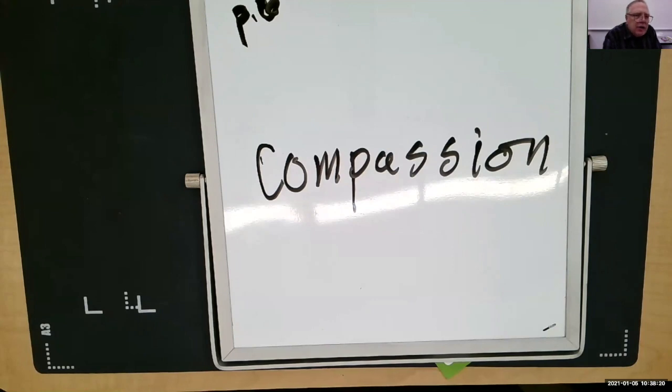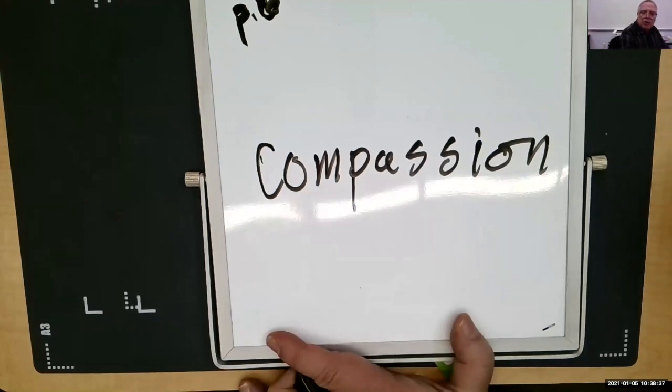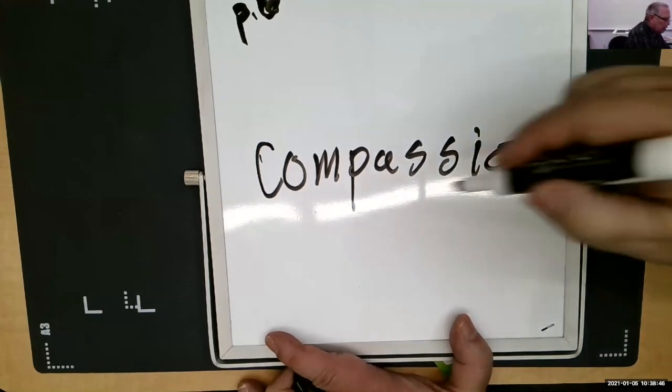There's not enough context, or the context is too difficult for us to figure out, and we still need to know what the word means, because the word is important. It's key. This is one of the key words for this chapter, in fact. Compassion. So if I can't find the answer for what the word means around the word, the context, I have to look at the word.